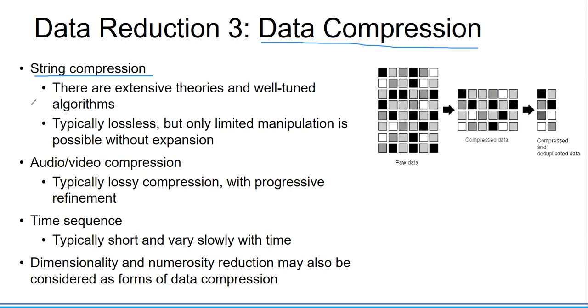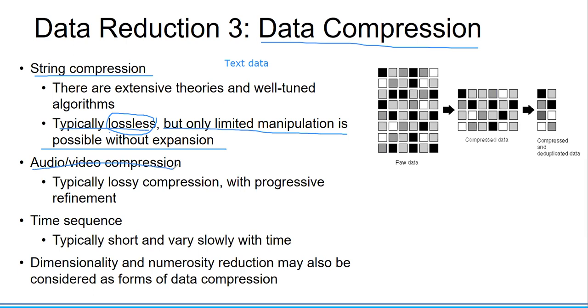What is a string? String is text data. So everything related to text, we call it string. There are extensive theories and well-tuned algorithms. And typically it is lossless, but only limited manipulation is possible without expansion. We will look at the details of what is lossless.